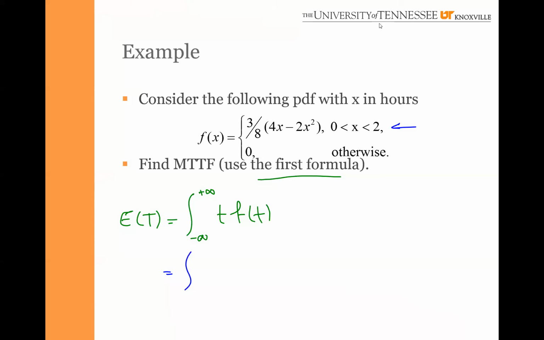So it's equal to integrating from 0 to 2 of 3/8 (4t to the 2, minus 2, t to the 3) dt.